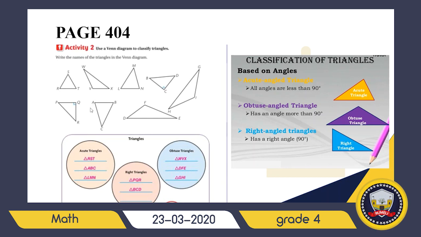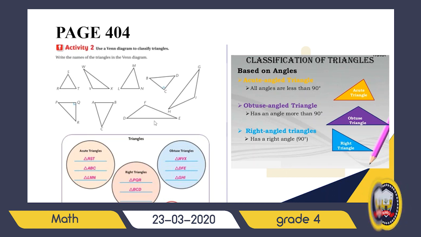What about triangle ABC? When I check triangle ABC, I can see three acute angles. Three acute angles represent an example of an acute triangle. So triangle ABC is an example of an acute triangle.